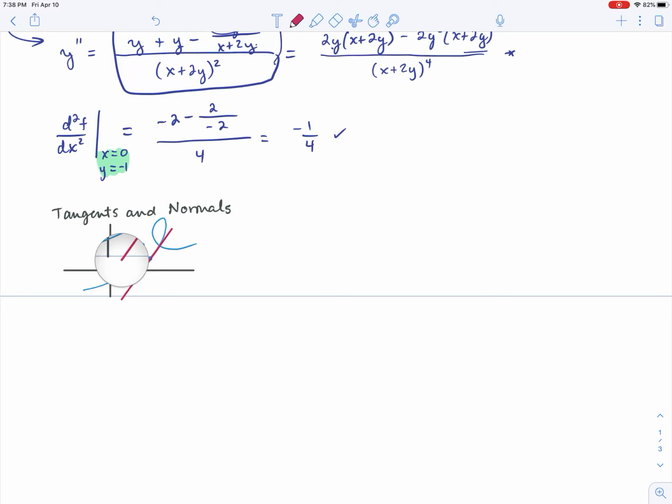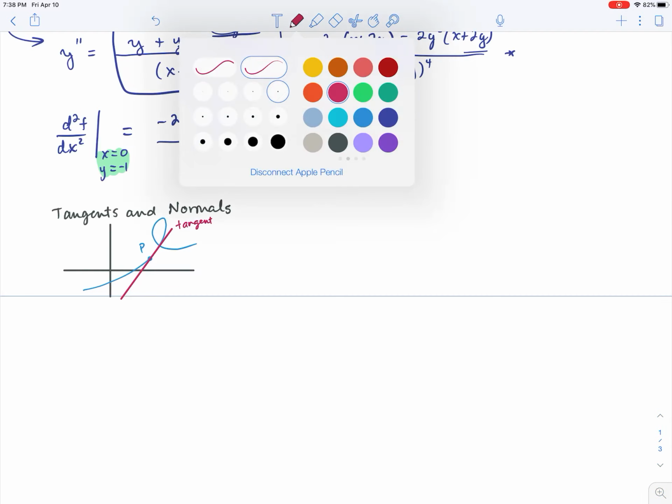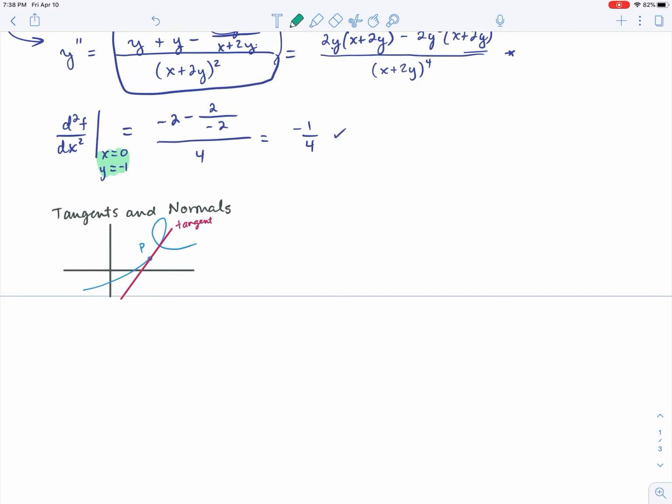There's my tangent. The normal line is perpendicular to the tangent, so a normal at a point is going to look like this, and they are 90 degrees apart.